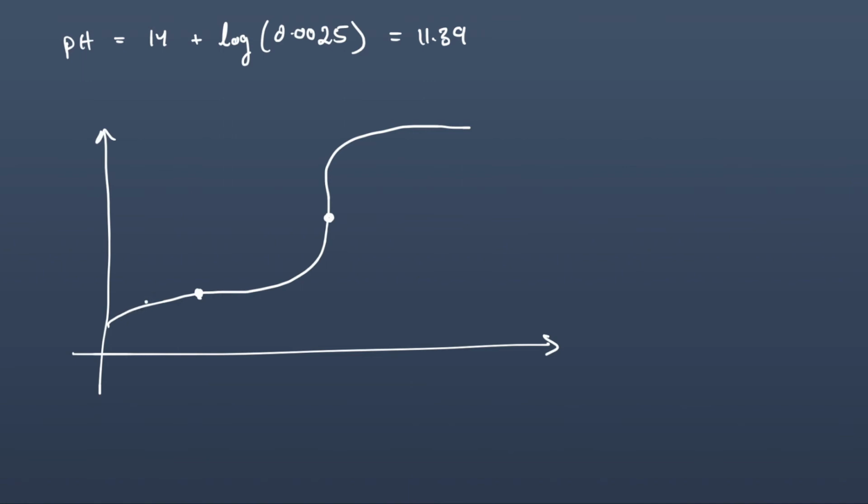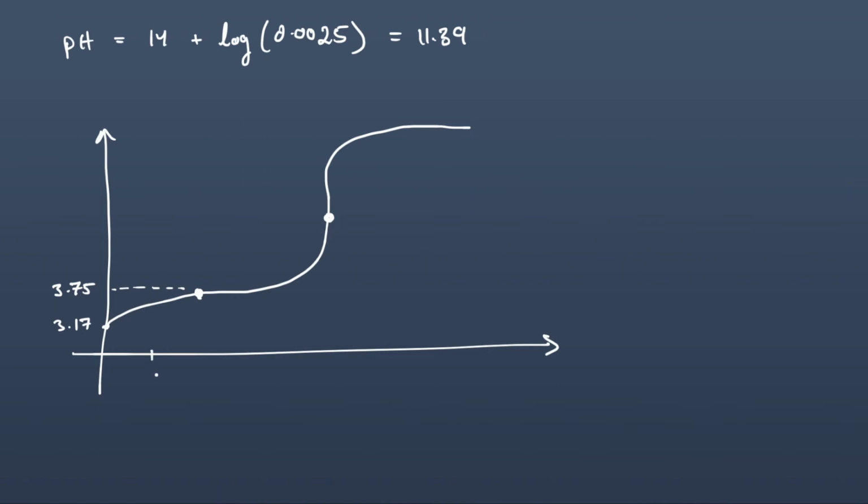I have them right in front of me without having to go back to the original slide. This is a pH of 3.75, the pKa value. This is 3.17, which we calculated initially.